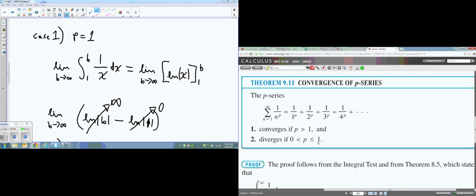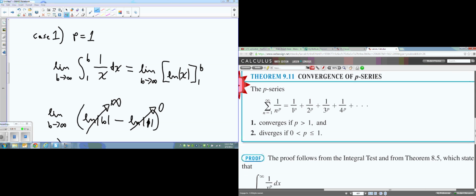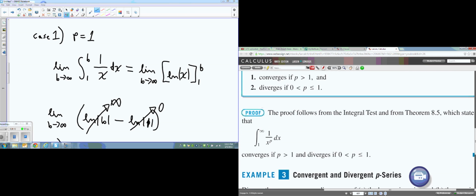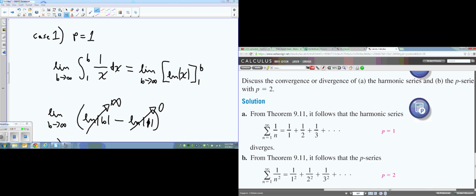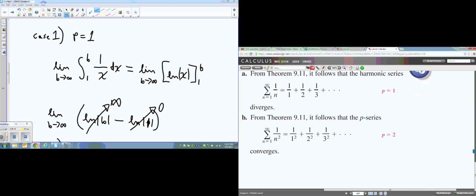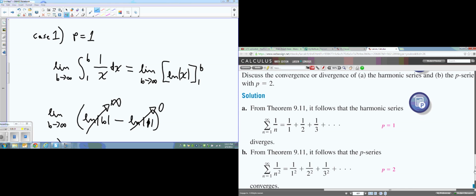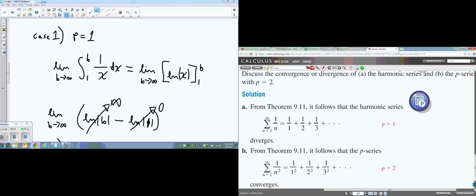And we just proved that. We just actually saw that was true by the integral test. So now if you identify something as a p series, you can immediately see if it converges or diverges just by looking at the value of p. All right, so that is the discussion of p series and the integral test.